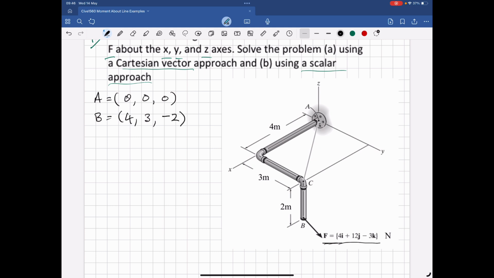Remember to get these signs right. Getting these 3 coordinates is key to getting anything right in this question. So C is 4, 3, 0. It's in the XY plane.